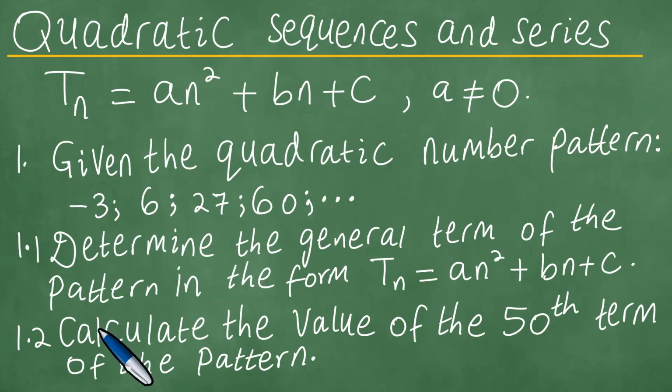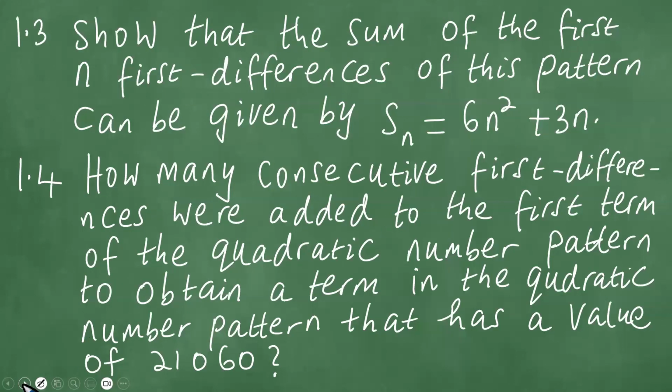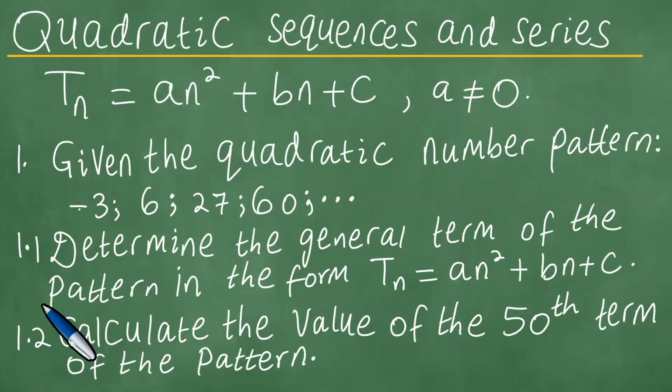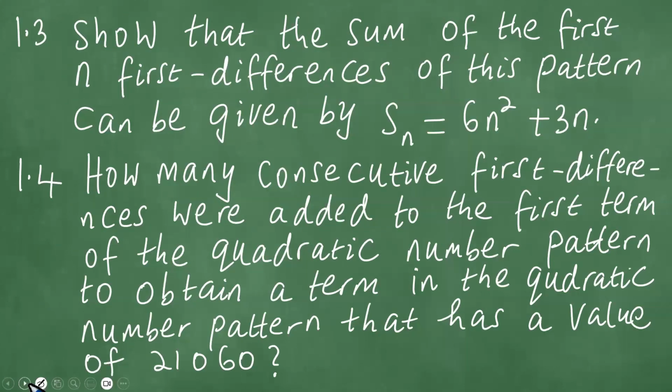And so we are then adding the consecutive first differences. How many of these were added to the first term? The first term is -3, we saw. So they were added to -3, and if they were added to -3, then the answer will become exactly that, okay?